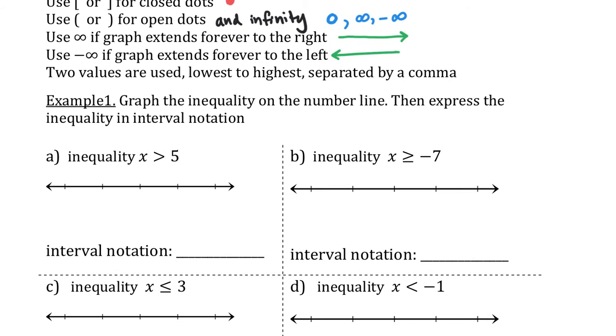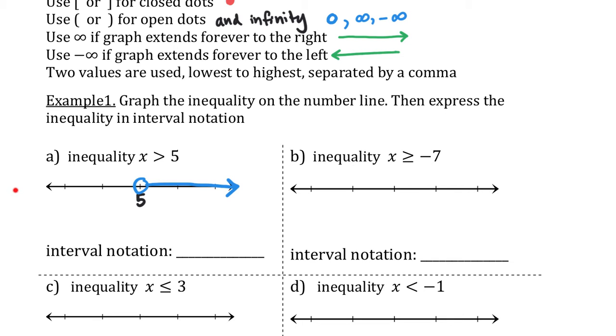So for A, the inequality is x is greater than 5. I'm going to graph it on the number line like we did previously. This is just going to help us guide our interval notation. The critical number is 5 because it's a greater than sign with no equals. It's an open circle, and the numbers greater than 5 are to the right. Now for interval notation, we go from lowest to highest.